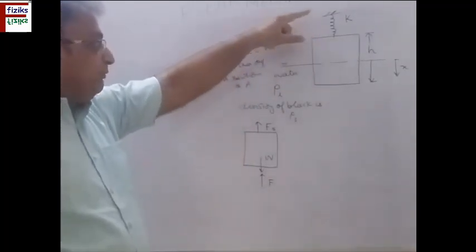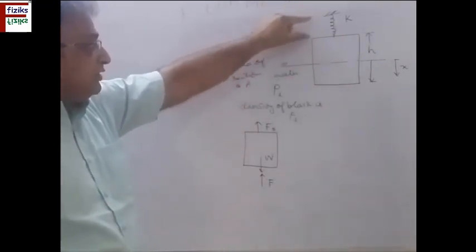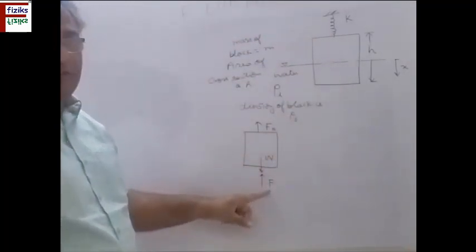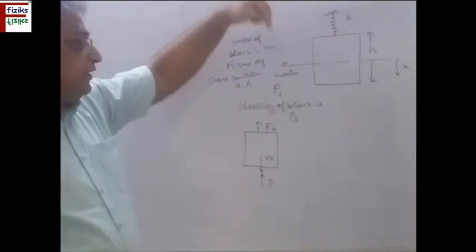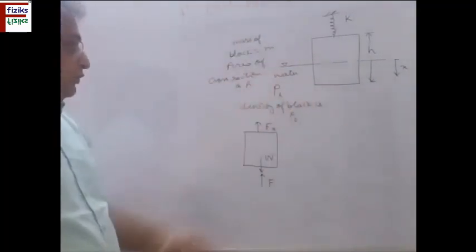Initially it was in equilibrium under the natural displacement of the spring because of this weight and this buoyancy force. Now I give it an additional displacement x in downward direction. So what happens?